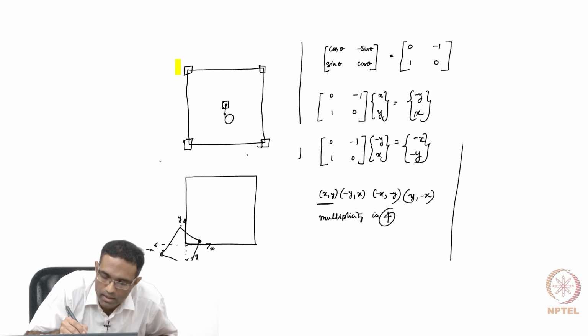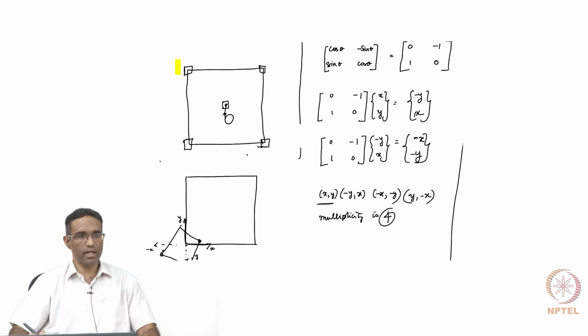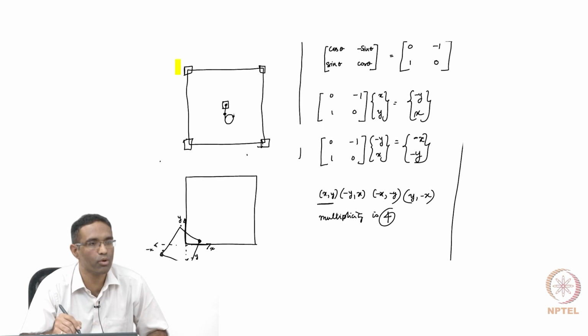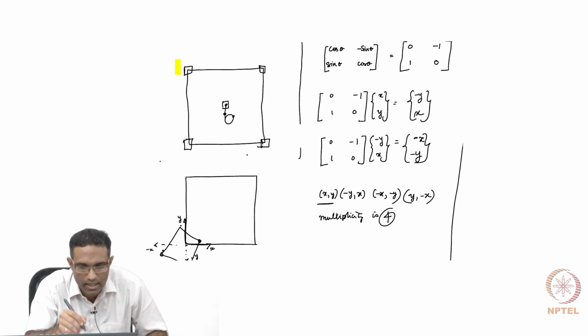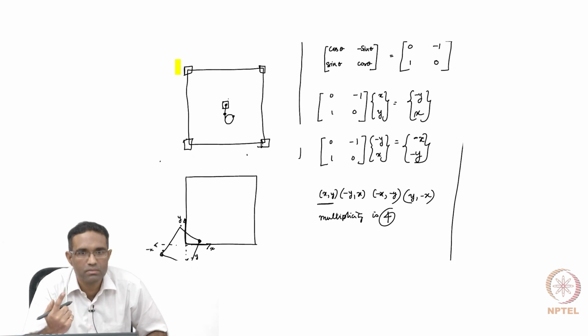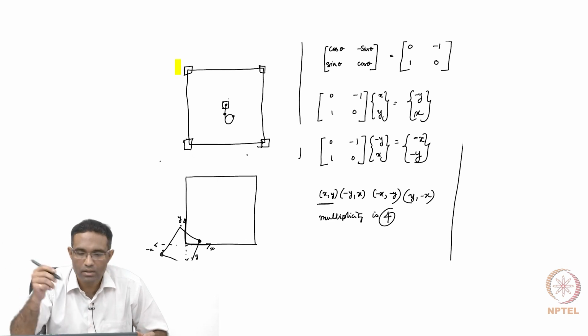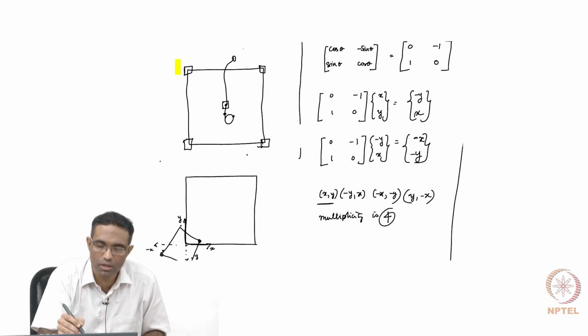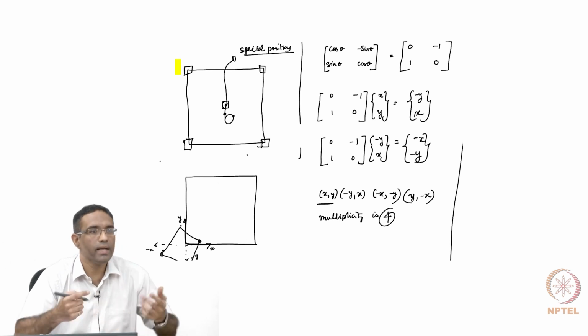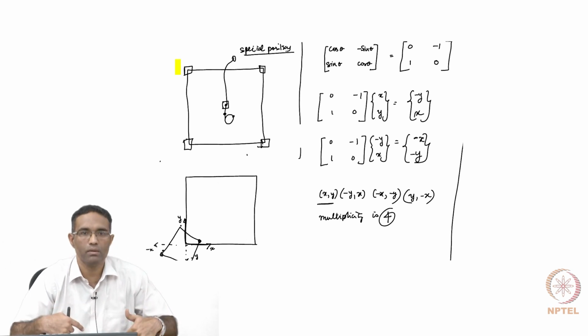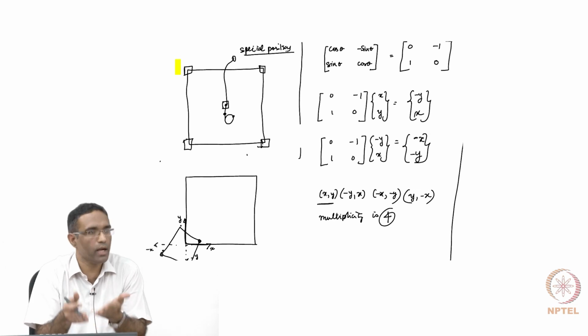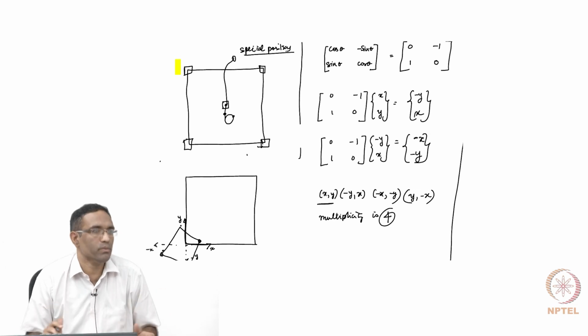However, the other atoms will get generated more number of times, but the one that is located right on top of the symmetry element does not get generated more than once. It is already there, the x comma y that is given to you. Such positions are called special positions. And their multiplicity will be lower because applying P4 to that point doesn't generate anything new.